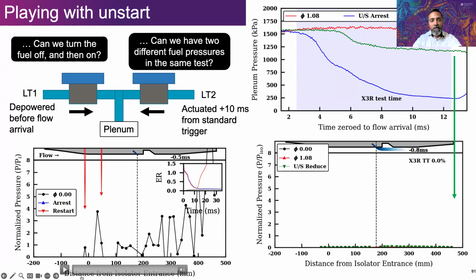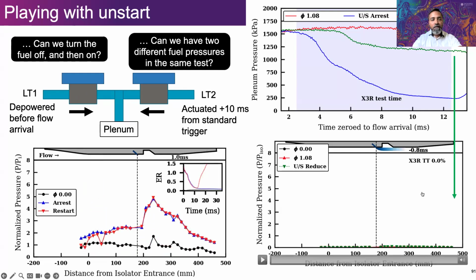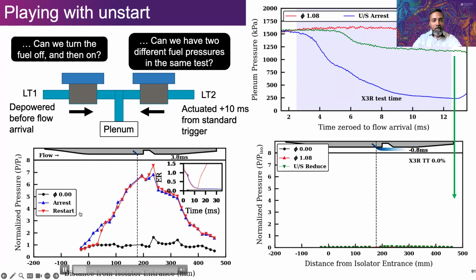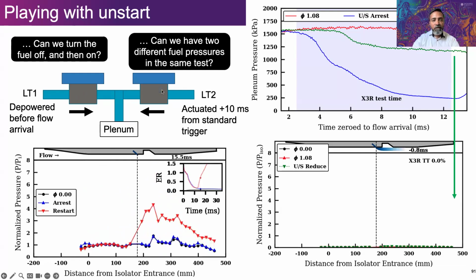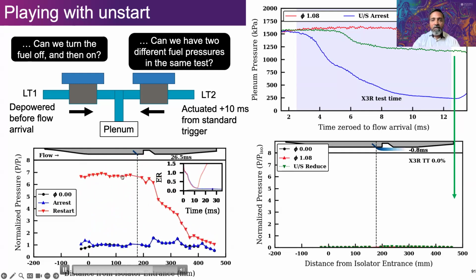Okay, so you can see here a case where when we did just shut off the fuel, it gets arrested. And then the restart case where we reopen the fuel through another valve and it actually goes completely to shut off and then restarts, right? And we didn't have the time to again shut it off to demonstrate that we can bring it back down into a lit case.